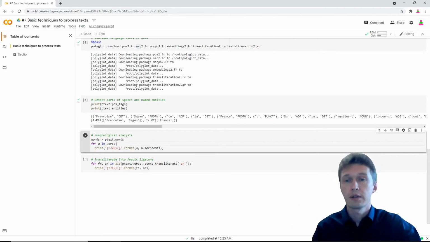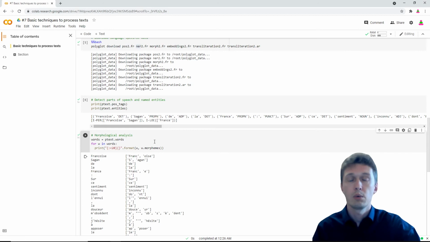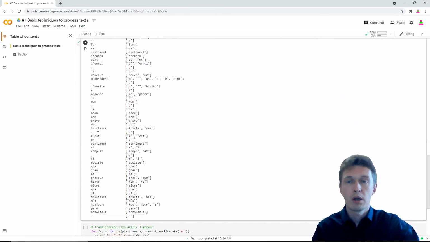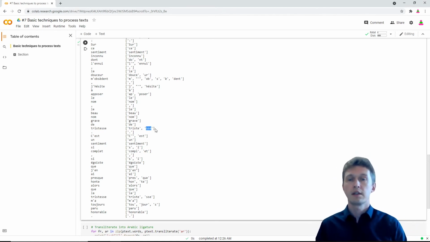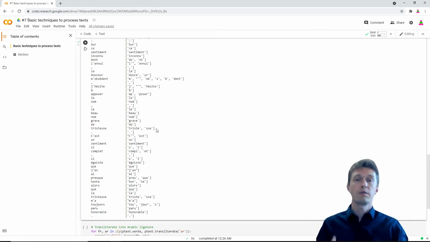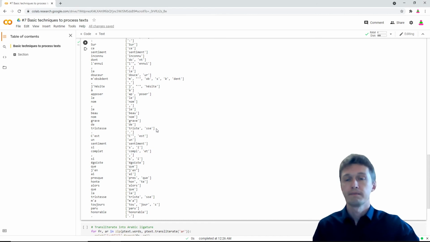And let's do this. It is done in a cycle, so we just extract morphemes. So you see that each word is dissected. Tristesse, which is sadness. Triste, which is sad. And this sse suffix, which means a noun from an adjective.